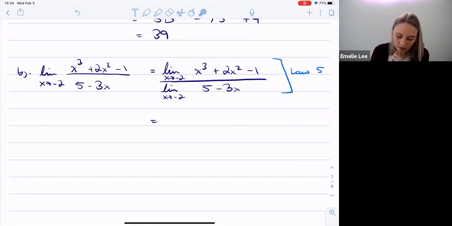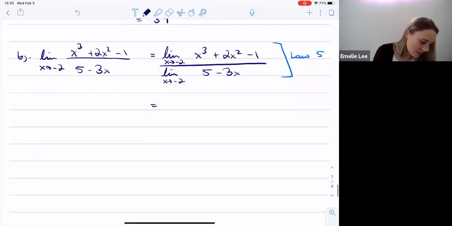Okay, now looking at these limits individually, I'm back to essentially the same situation that I had earlier, where I'm able to distribute this limit and bump out the constants, and I can do that in the same step. So now I can rewrite this, and I'm going to make a note before we continue here, right?